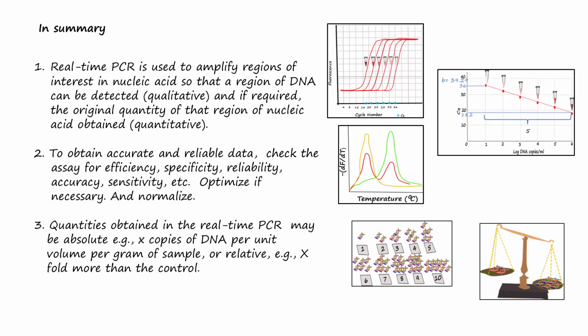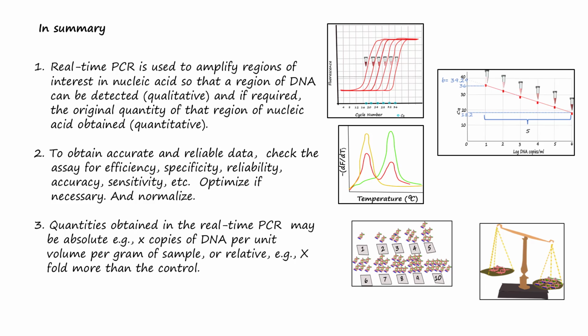So in summary, 1. Real-time PCR is used to amplify regions of interest in nucleic acids so that a region of DNA can be detected and, if required, quantified. 2. Real-time PCR assays' efficiency, specificity, reliability, accuracy, and sensitivity should be checked to obtain valid data.